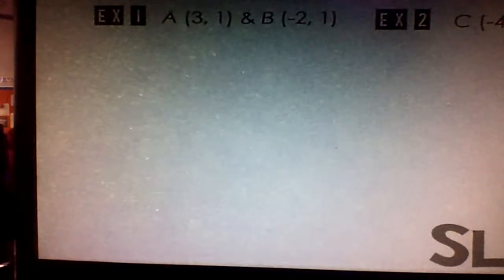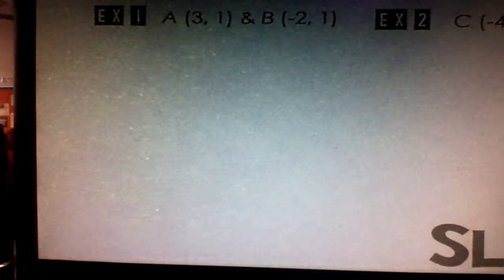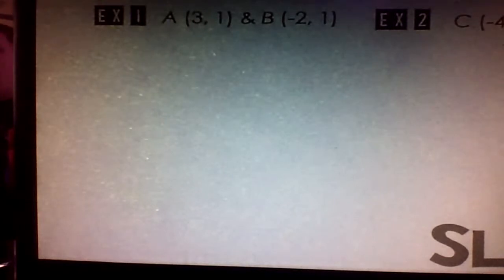All right. So when you're given 2 points, you were given a slope formula where you subtracted your y values and you put it over your x values. So here, 1 minus 1, so your y minus your y, over, we're on the examples under slope, 3 over negative 2.